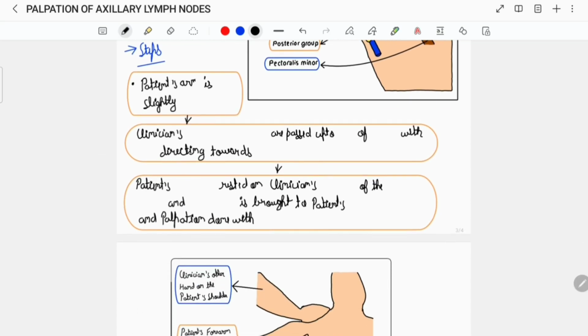The patient's arm is slightly abducted. Then, the clinician's extended fingers are passed up to the apex of the axilla with the palm directed towards the lateral thoracic wall.